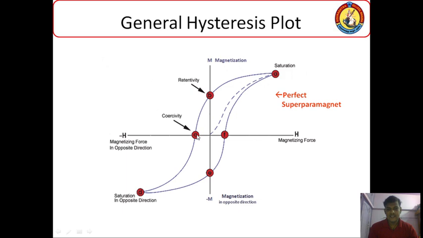Then a similar trend is obtained in the negative direction also. So these three important parameters distinguish the magnetic behavior of the material: saturation magnetization, remanence, and coercivity value. The saturation magnetization Ms value tells where we can utilize these materials.